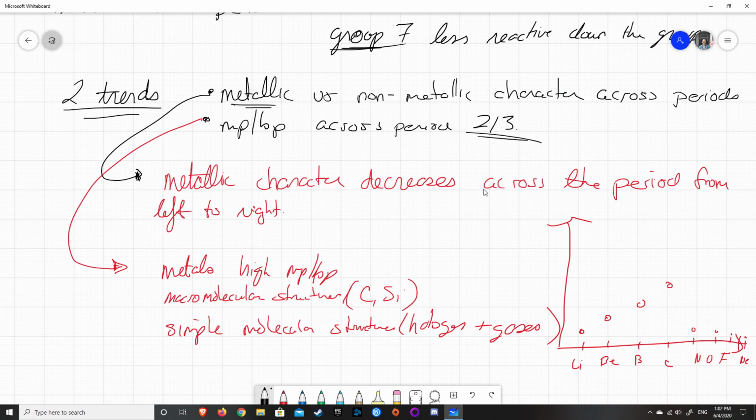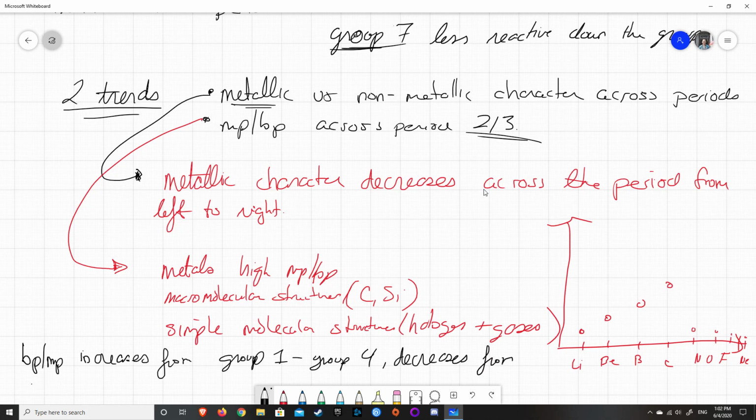So what happens is that the boiling point and melting point increases from group 1 to group 4, and then decreases from group 4 to group 8.